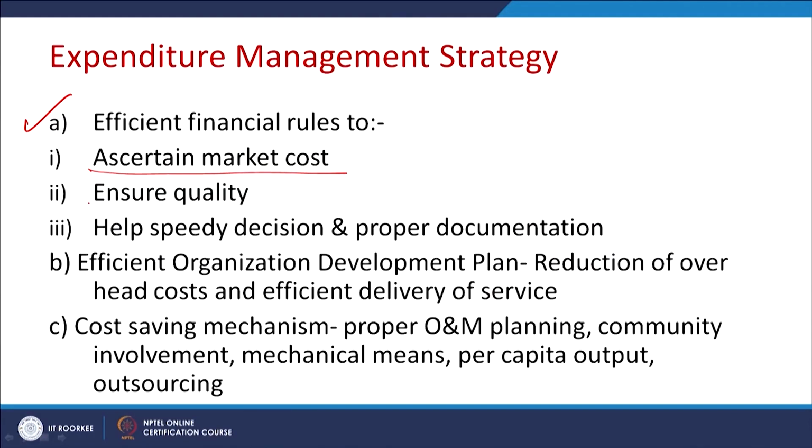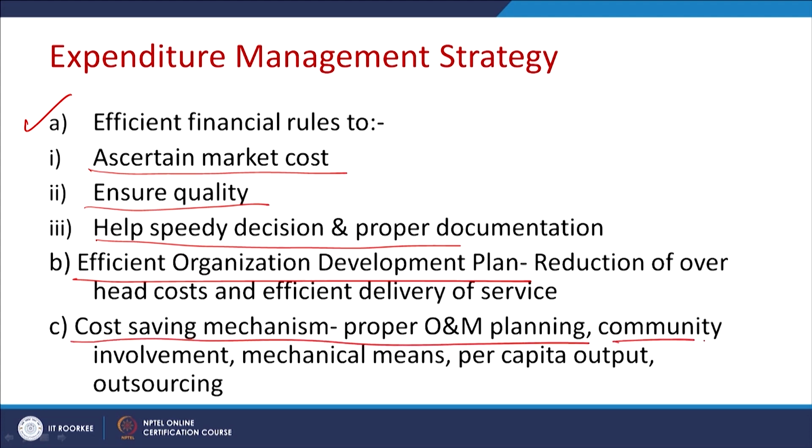The objective of these rules should be to ascertain the market cost, ensure quality, and help speedy decision making and proper documentation. Apart from efficient financial rules, they can make an efficient organization development plan. We discussed thoroughly in the first section, under urban governance, how an organization development plan could be done and how it can be improved, and the cost saving mechanism.